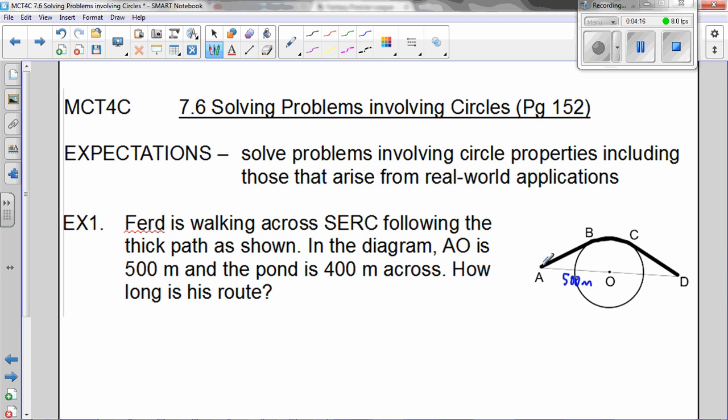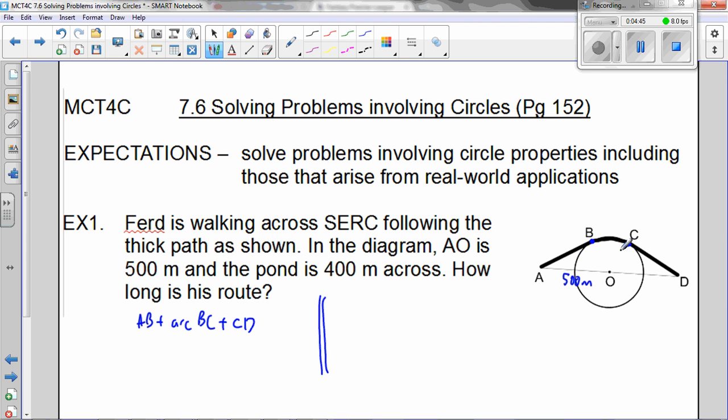Well, notice it's basically 3 pieces. It's this AB piece, this BC piece, which is an arc BC, plus CD. So we got AB plus arc BC plus CD, and we're going to have to use a bunch of knowledge to use this. Now, notice, to continue, we have to make a couple of assumptions. We have to assume that B and C are points of tangency.